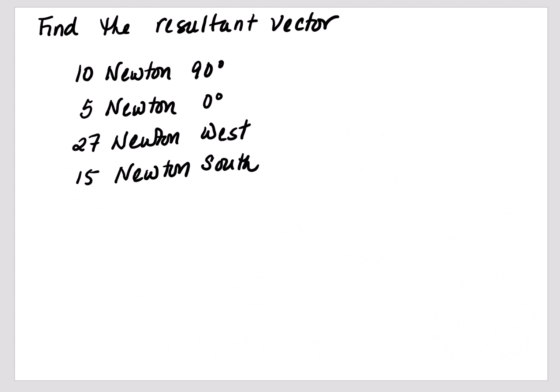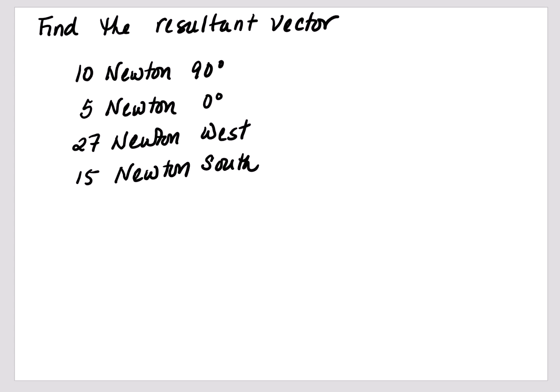In this example, more than 2 vectors are given, but all the vectors that are given are either parallel to each other or perpendicular. So the first thing I'm going to do is I'm going to simplify this. Any vectors that are parallel, remember, you can add or subtract once you account for direction.